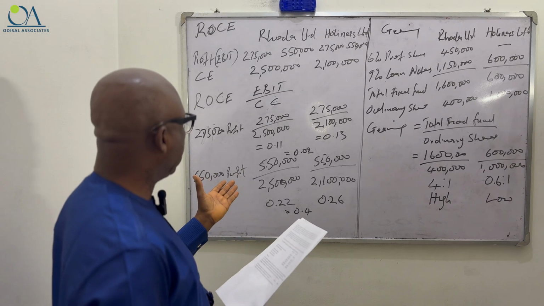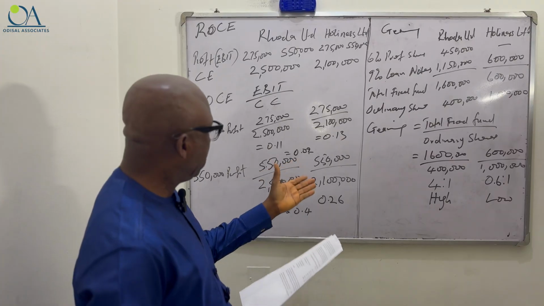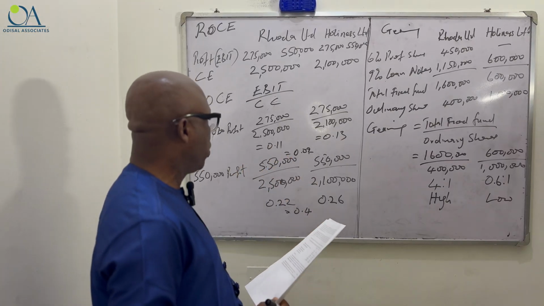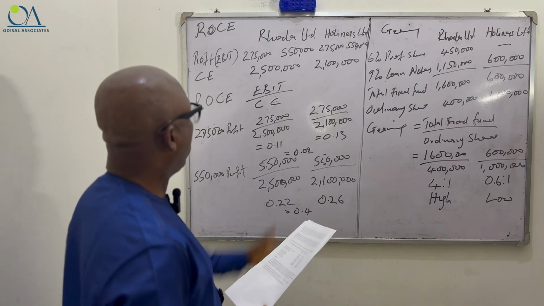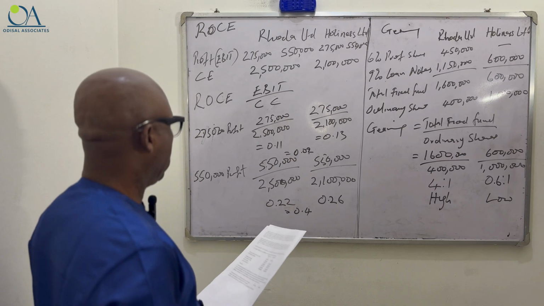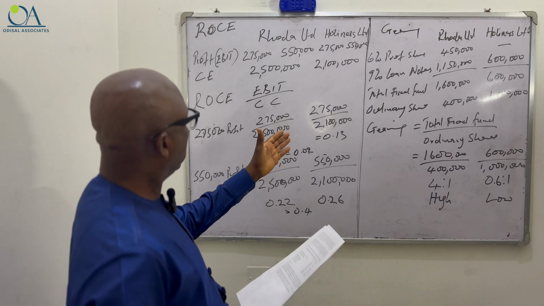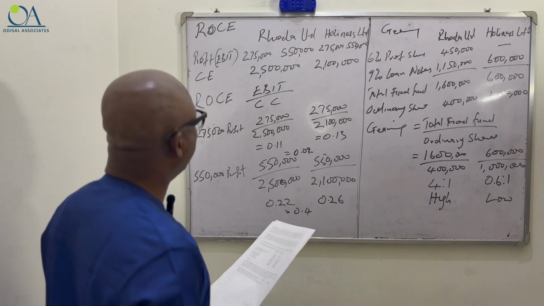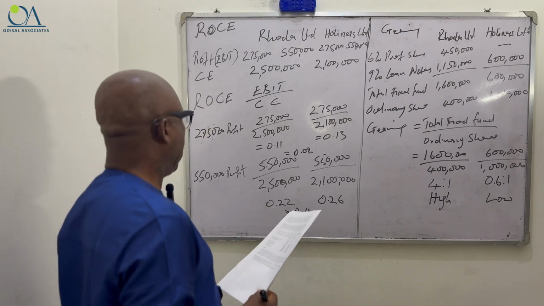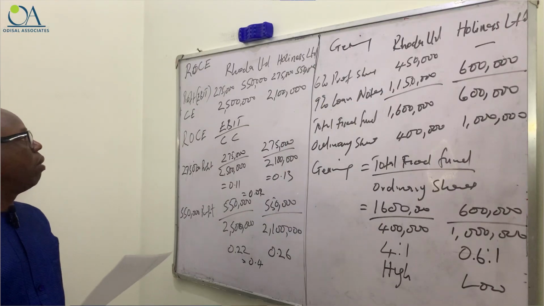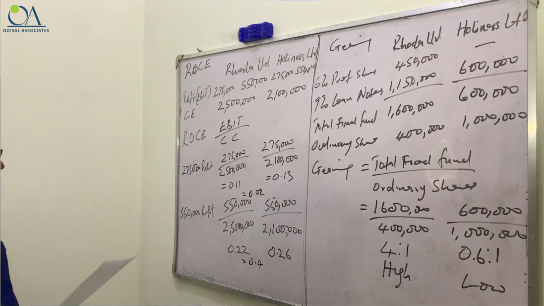And you have seen that there is an increase of 0.02% for Holiness in this issue. So the capital employed of Holiness is earning higher than the capital employed of Rhoda.